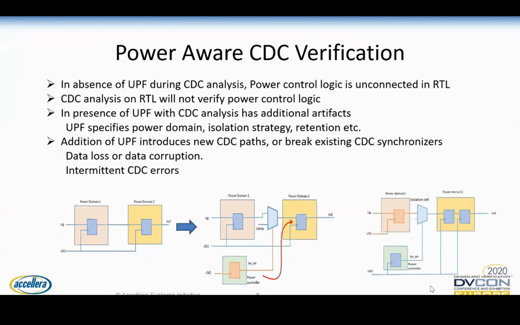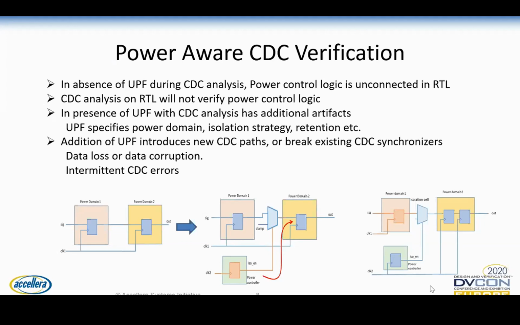Okay, so this is the last methodology initiative I was talking about, which is power aware CDC verification. One of the challenges in all the previous projects is that in the front end CDC sign off, we don't have the UPF instrumented, and that's the reason the power control logic is not connected in the RTL, and that mainly results in a lot of issues down the chain.